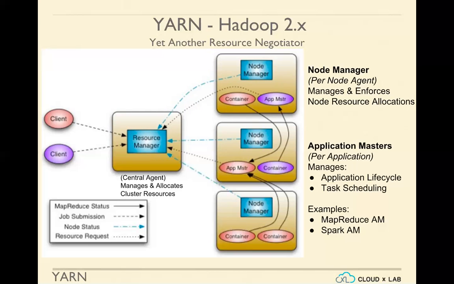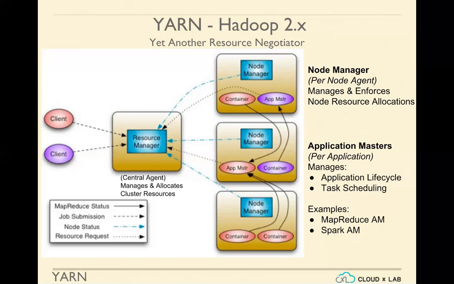Application master is per application. For MapReduce, there would be one mechanism. For Spark, there'll be another mechanism of execution, and so on. There has to be a special logic which will do the creation of containers and execution of the logic and then get back, right?